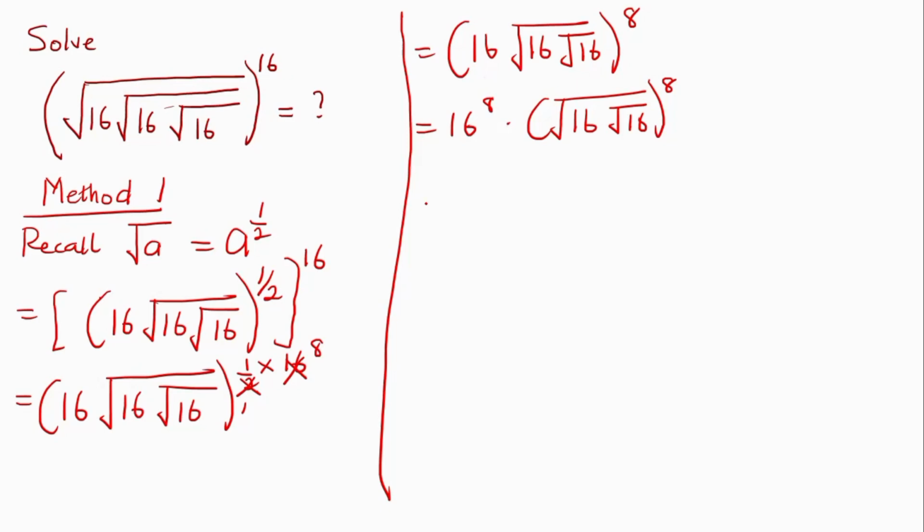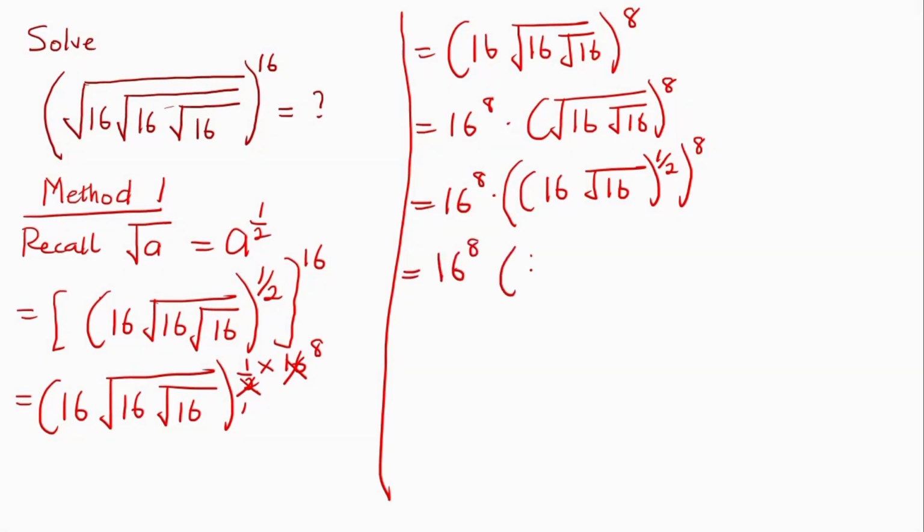For the second square root, this is going to become 16 raised to the power of 8 times the root of 16 raised to the power of 1 over 2 times 8. So once we have this, this becomes 16 raised to the power of 8 times 16 to the root of 16 raised to 1 over 2 times 8, whereby 2 here is 1 and 2 into 8 is 4.